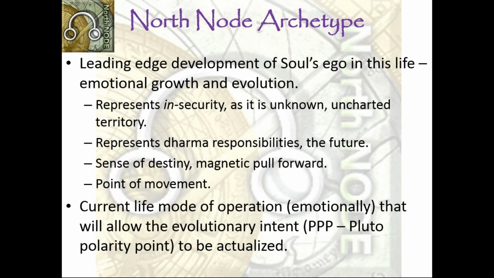It's a sense of destiny, that magnetic pull forward. It is a point of movement versus South Node stagnation. And in the current life, it is the mode of operation on emotional levels that the ego is striving towards and utilizing to actualize the evolutionary intent of the soul or the Pluto polarity point.